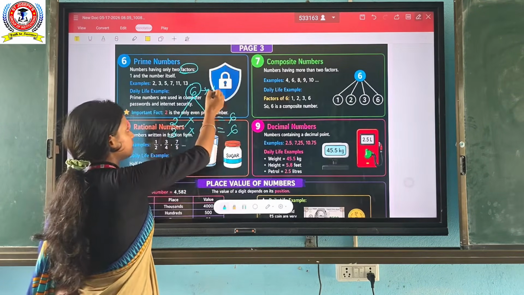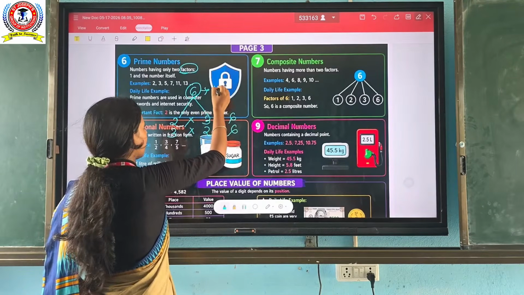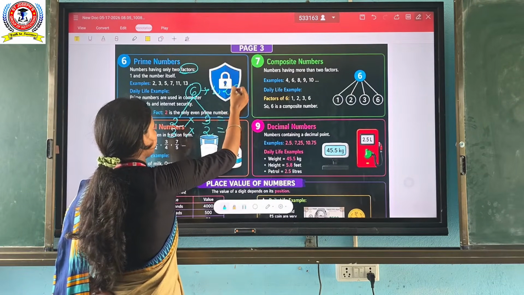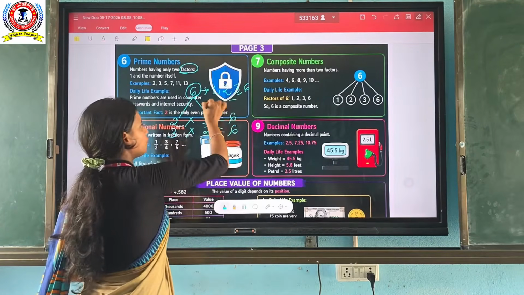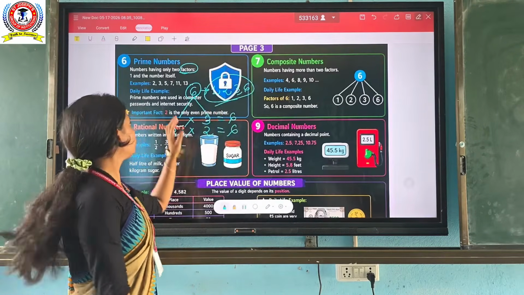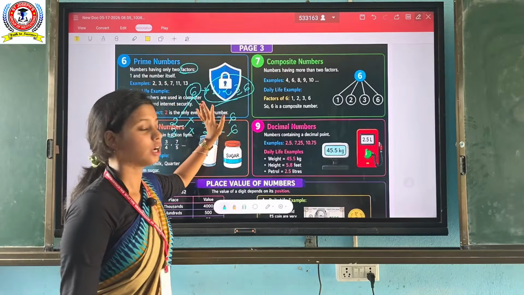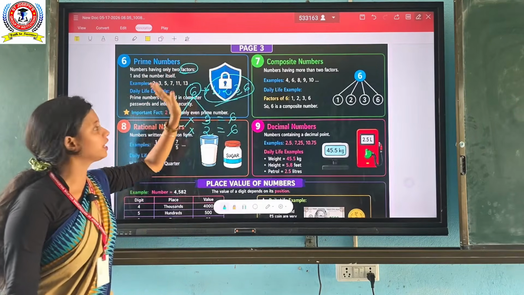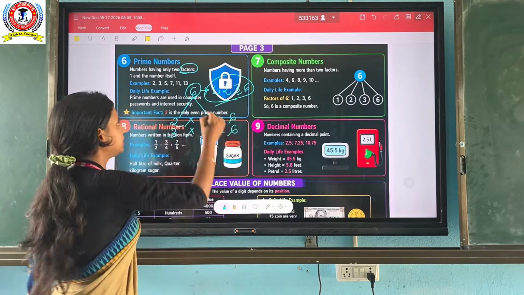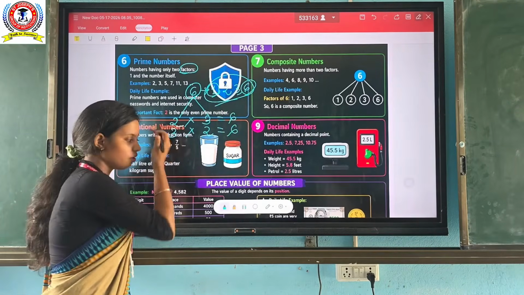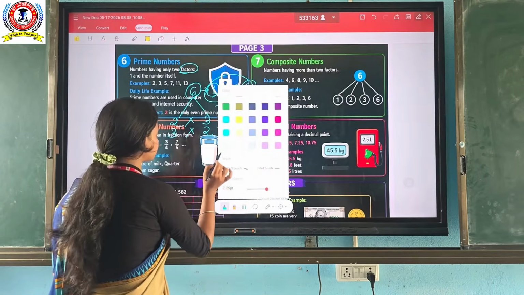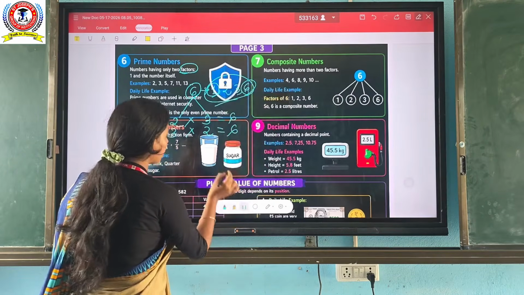So what are the factors here? 1, 2, 3 and 6. We get 4 factors here. So what is the definition of a prime number? The definition is the numbers having only two factors, that is 1 and the number itself. So find a number like that which has only two factors.